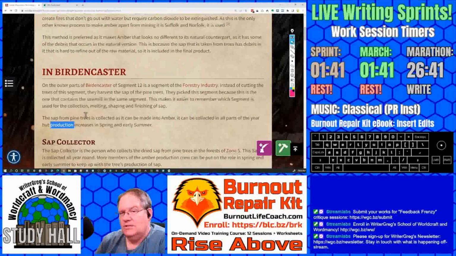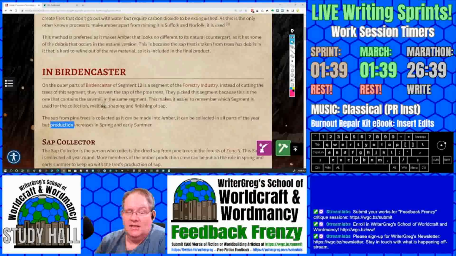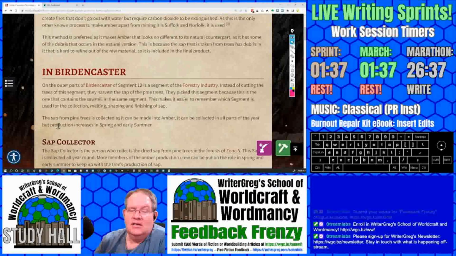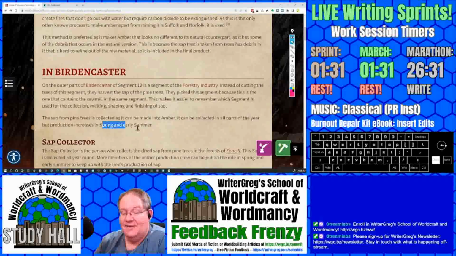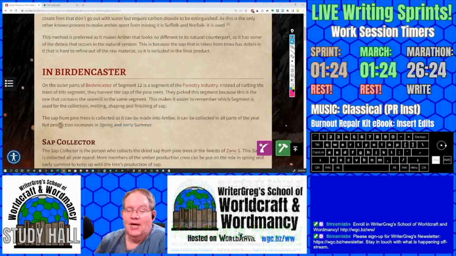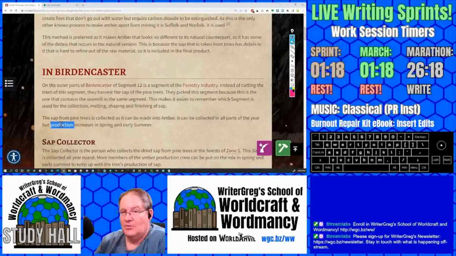I would like to have a little bit more clarification here, because if we're talking about the collection of the sap, yes, that definitely will increase during the spring and summer as the sap rises. But is the production of the amber more in the spring and summer?